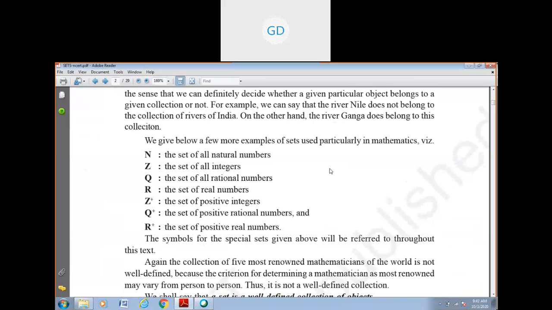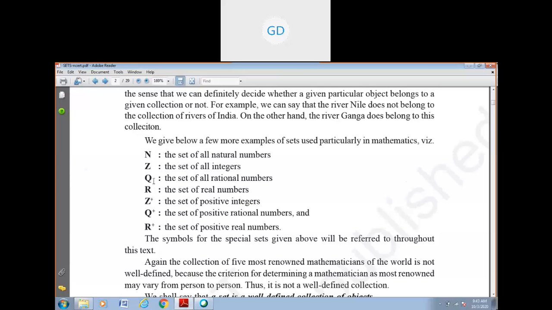And before that, some standard sets which are standardized in mathematics with some block letters of the English alphabet, like capital N here on the screen. Capital N always represents the set of natural numbers. Capital Z, sometimes capital I, the set of all integers.